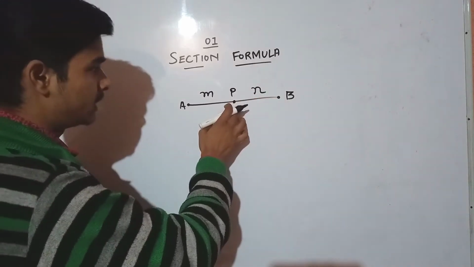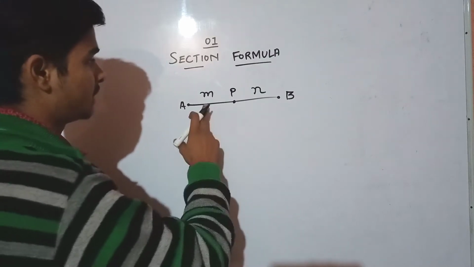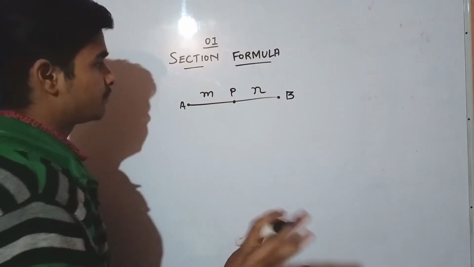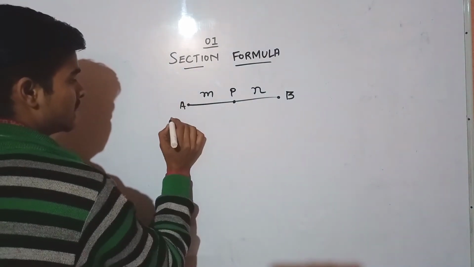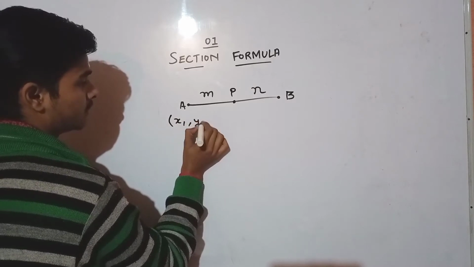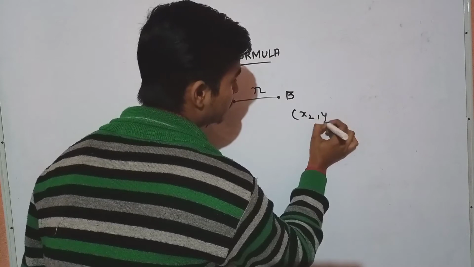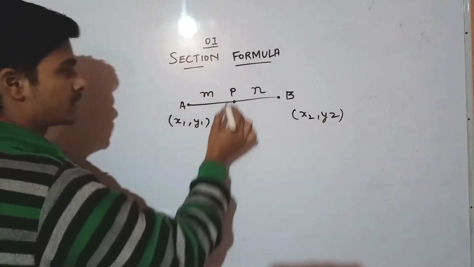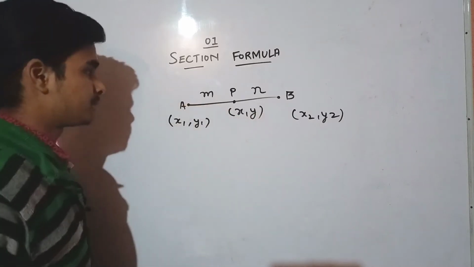Suppose this point divided the whole line in some ratio and that ratio is m and n. Clear? Now we need to suppose more things. Suppose that the coordinate of point A is x1 comma y1, coordinate of point B is x2 comma y2, and coordinate of point P is x comma y.